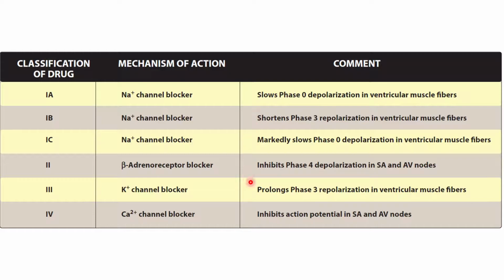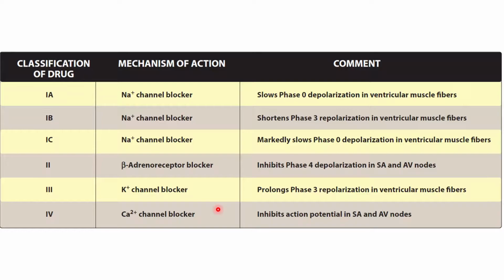So different opposite influence but the same antiarrhythmic action. And then the class 4 or calcium channel blockers will inhibit all phases, so all action potential in all nodes. So this is also quite different from other drugs.